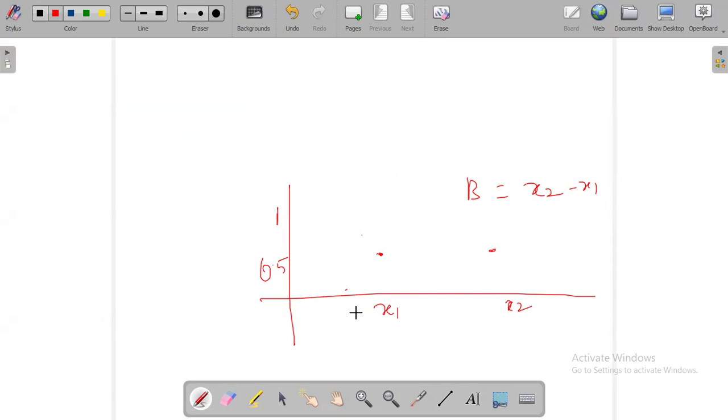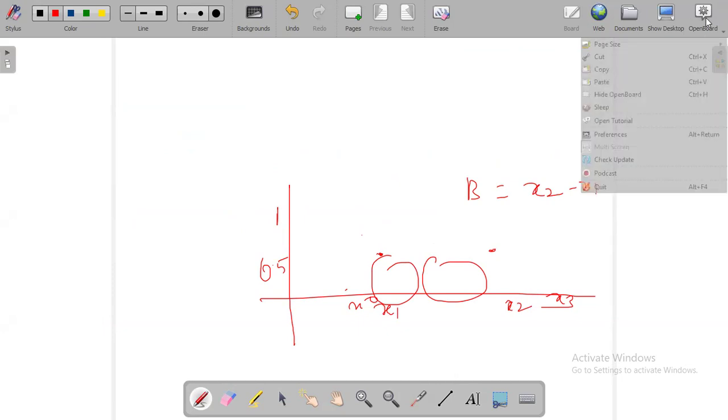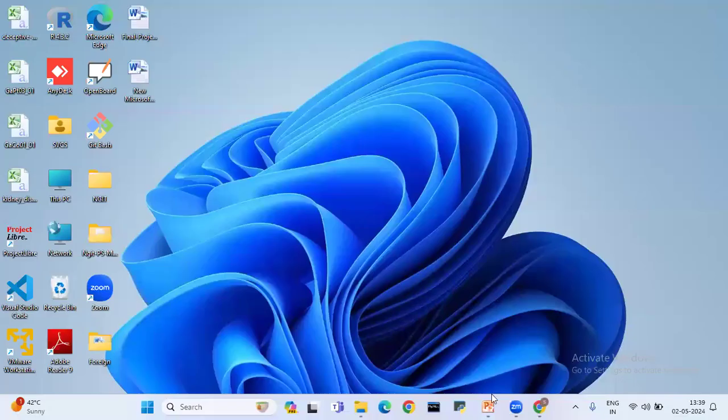If you have x0 or x3 here, we don't care, because the two crossover points should be equal to 0.5. That is crossover. So bandwidth is the difference between two crossover points.